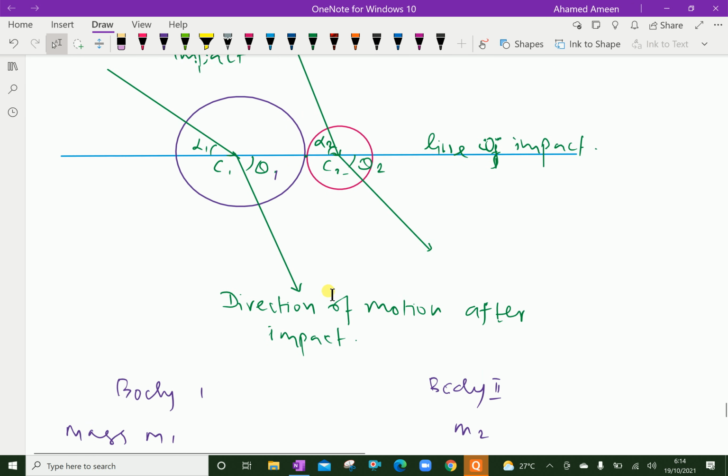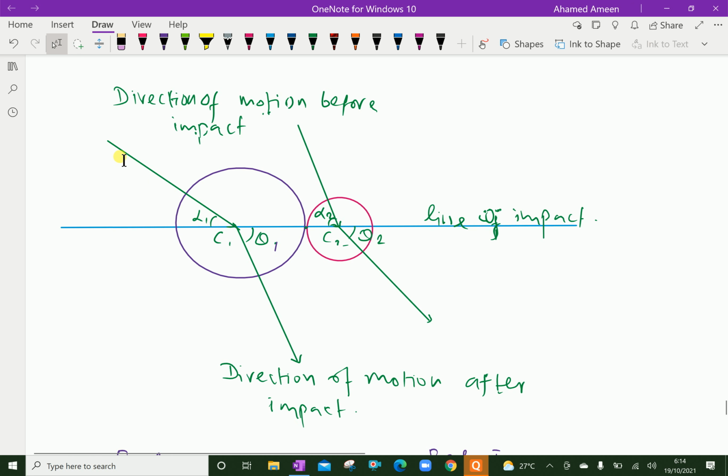Here, this initial velocity makes angle alpha 1 with the line of action, and alpha 2 for the second.